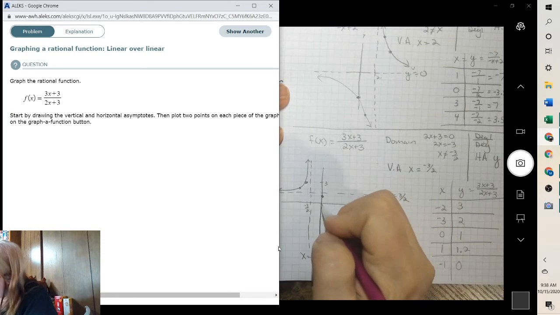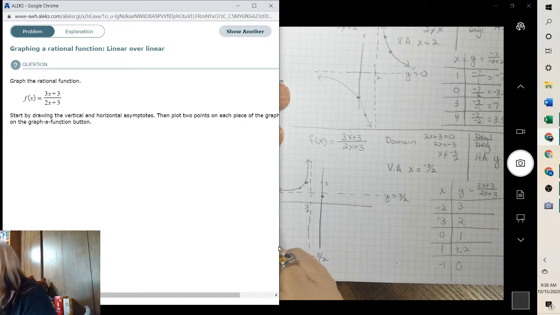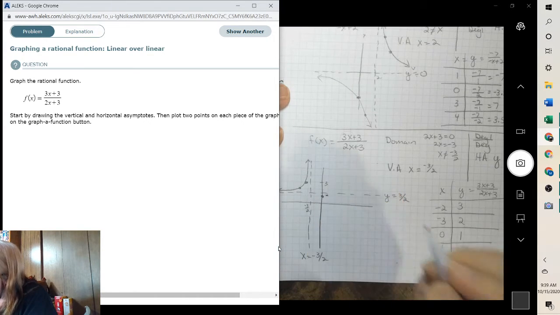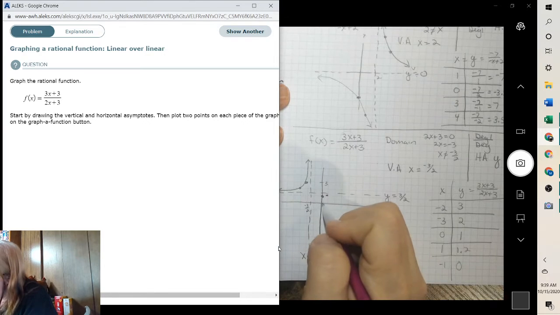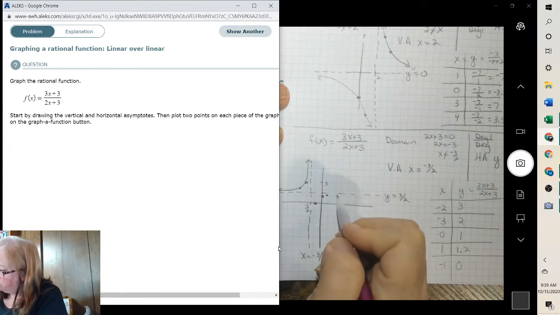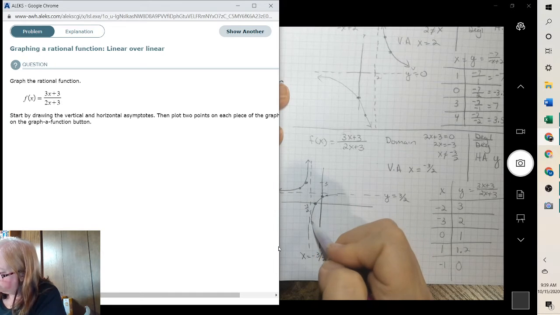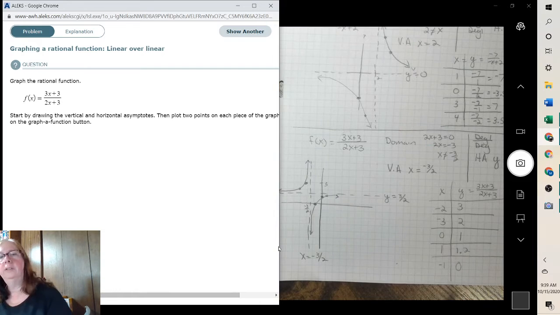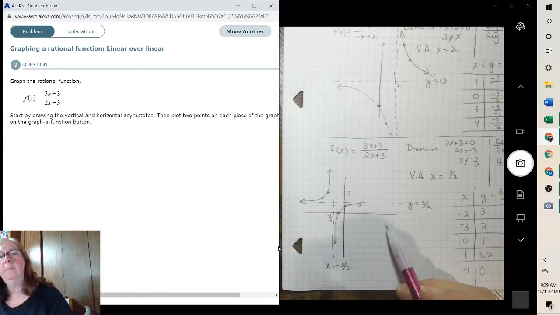We have 1, 1.2 there. We have -1, 0. And this goes like this. And there's your graph. So you need to pick 2 on each side.